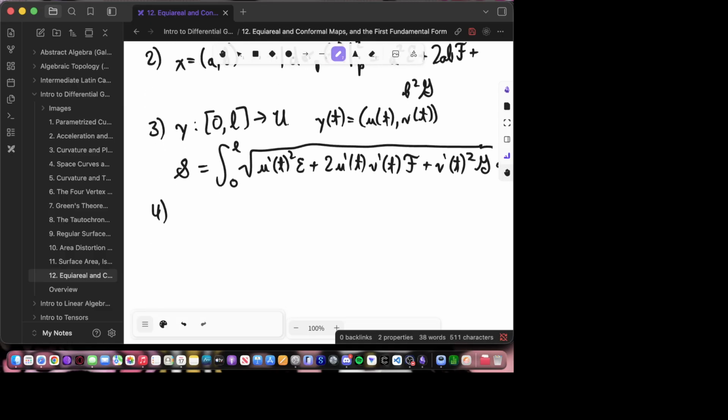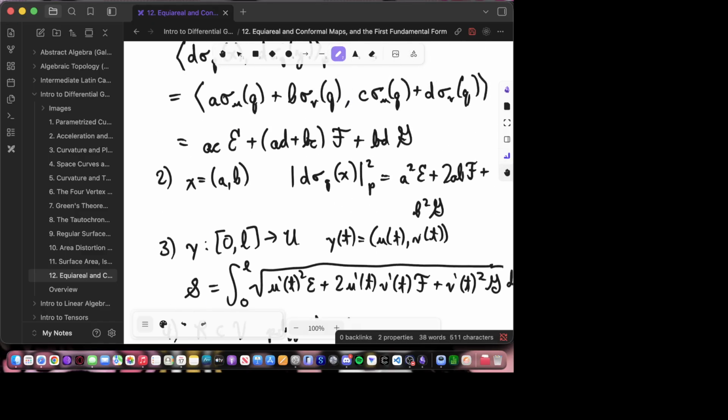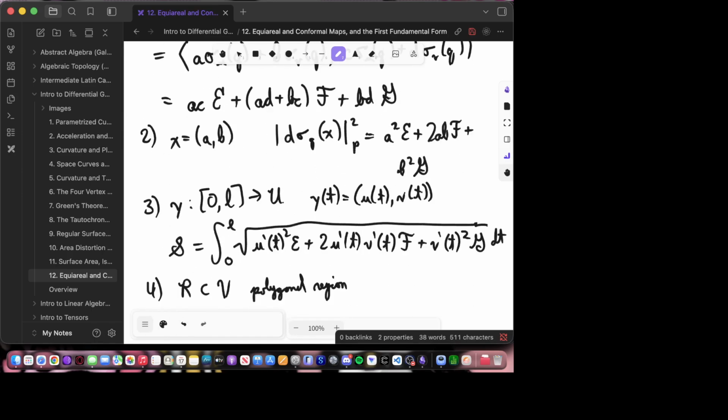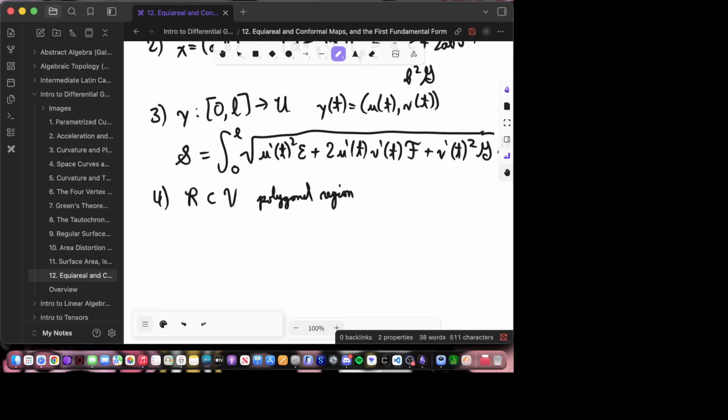And then 4, if we have a polygonal region R in V, let's just make that clear.